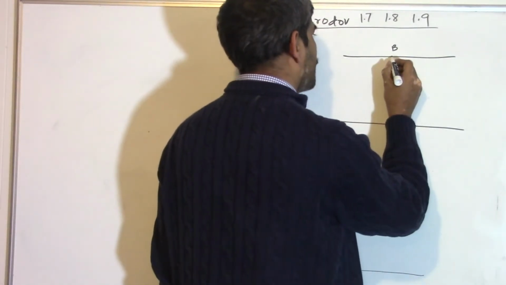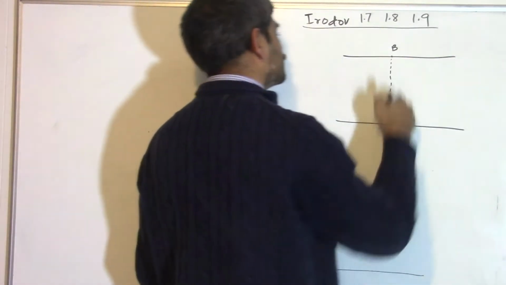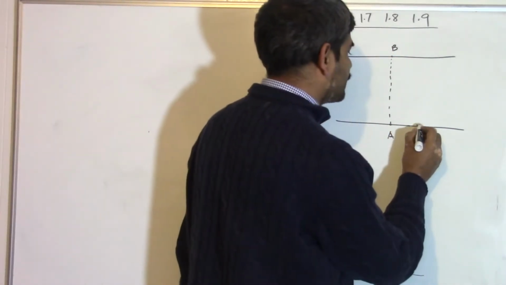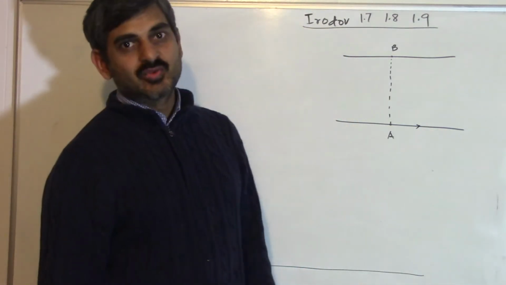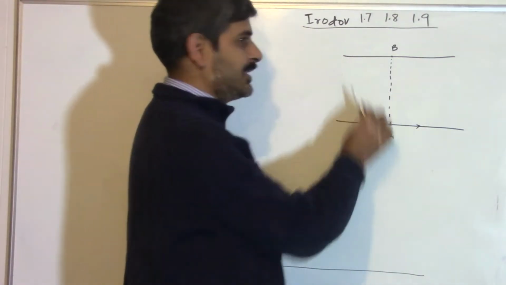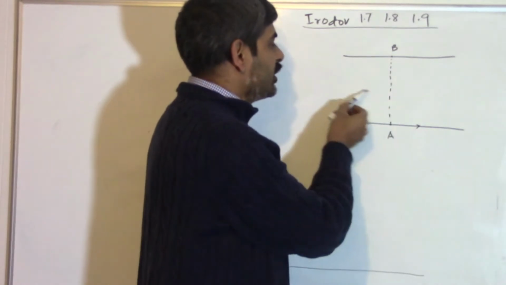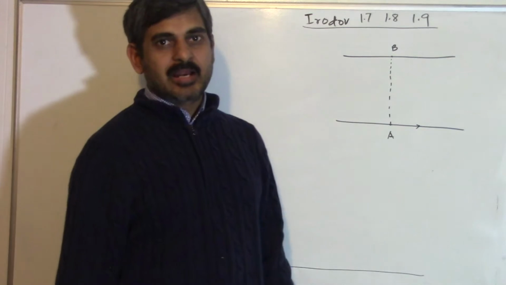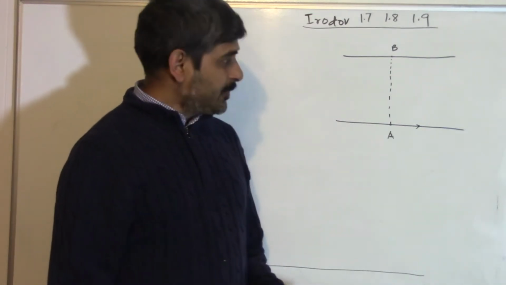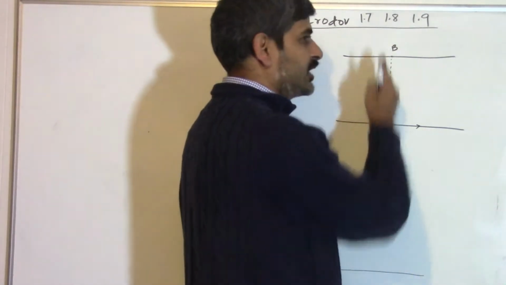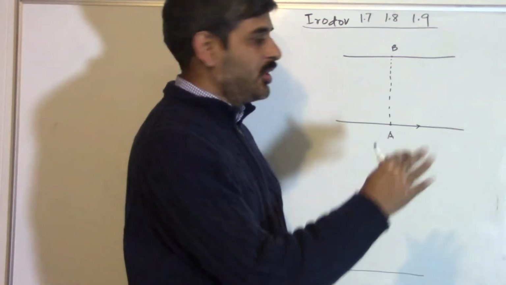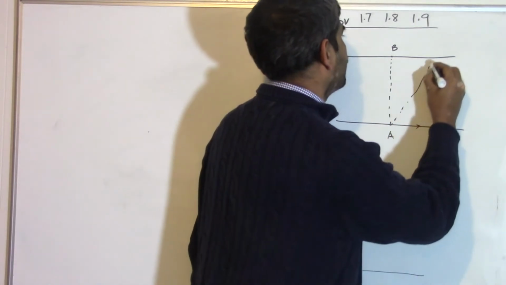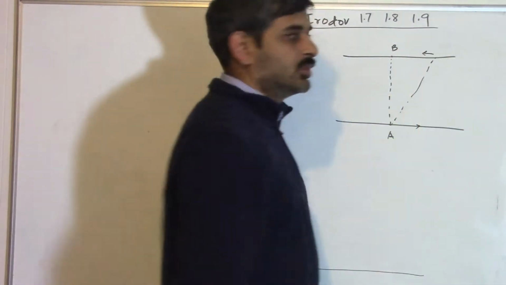Somehow he is able to go straight across to B. And to do that, because the river is flowing to the right with some velocity, he has to swim a little at an angle like this, because then the river will push him a little to this side, and when both balance, he reaches exactly the opposite point. The other person just thinks that he is going straight, but because of the river flow, he is carried away to a point somewhere along here, and then he walks back to point B.